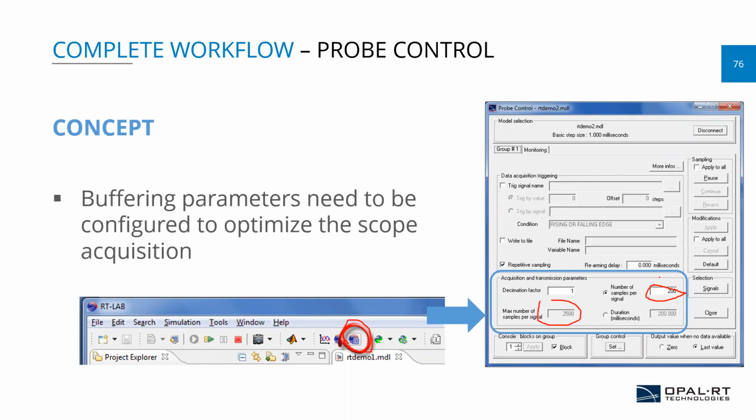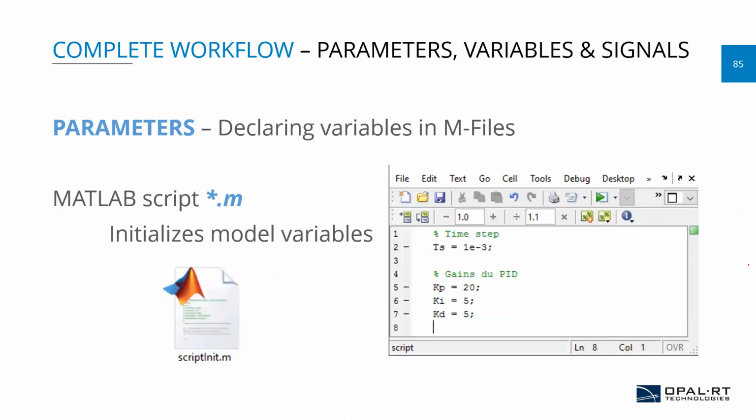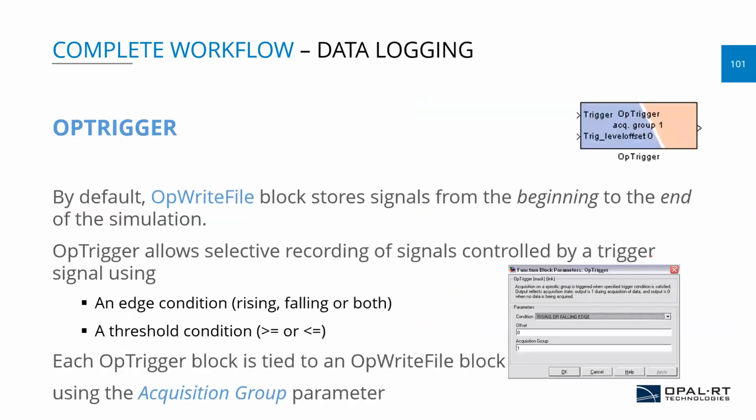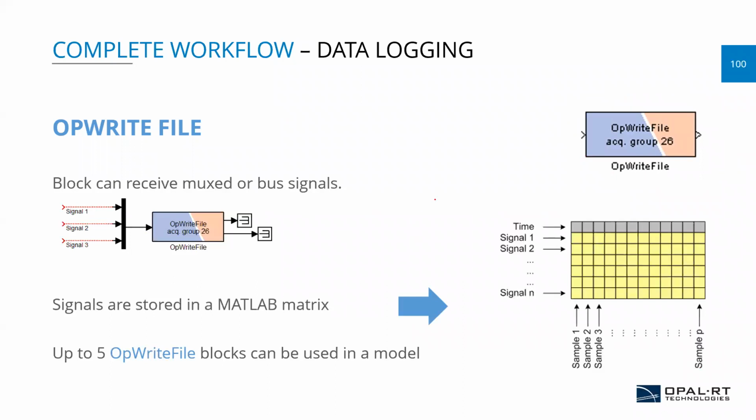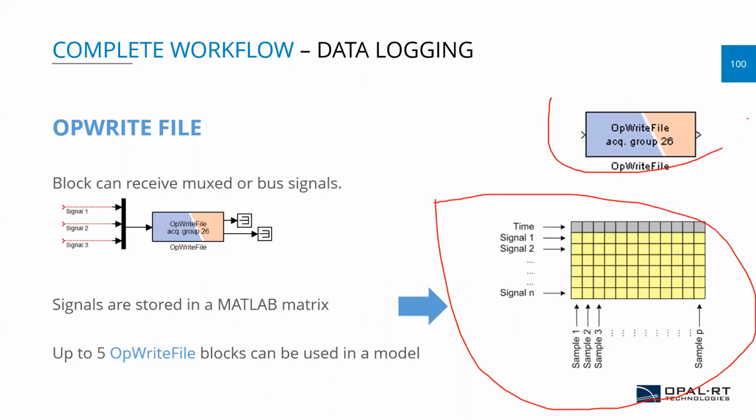Suppose you want to store your result and paste it in a journal paper. How can we store our real-time result as a MATLAB figure? For this case, we need to use this OP write block. The OP write block will save your result in a .mat file. Suppose your signals are 1, 2, 3 up to n, and this is your sampling time: sample 1, sample 2, sample 3.